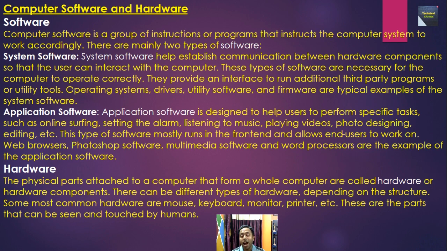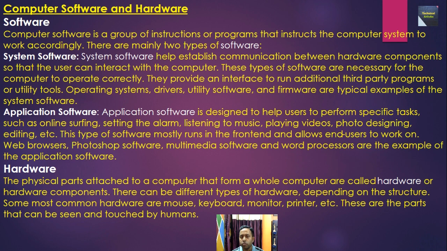Whereas hardware, we can feel it, we can touch it, and it physically exists. Software does not physically exist, because it's a group of instructions or programs that instruct the computer system to work accordingly. So we can feel something is going on, but never touch it. It's not physically present.